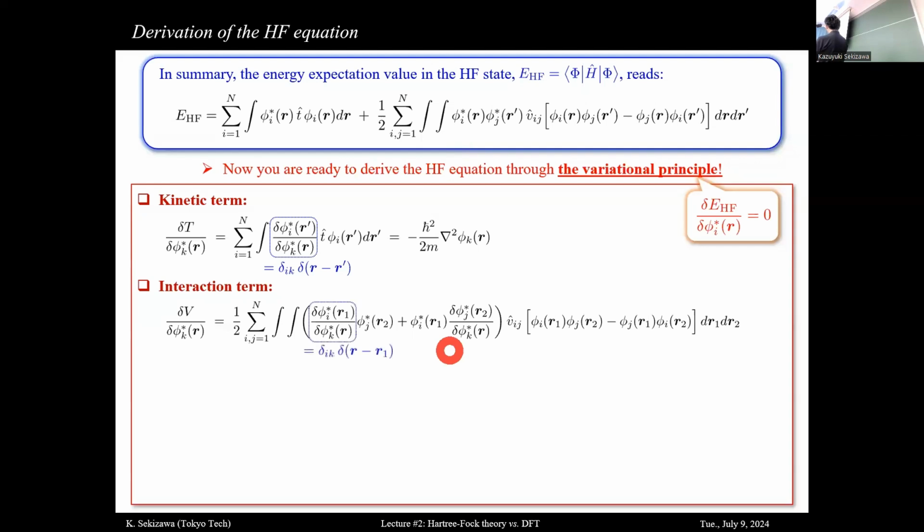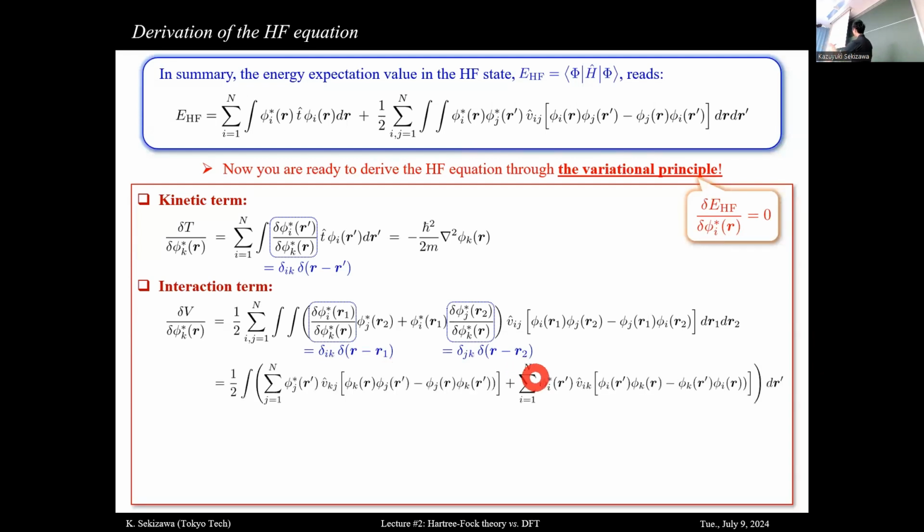Again, you can use this relationship. The difference is in the Kronecker deltas, the indices are somewhat different: i k or j k, and R and R1 and R2, because of the difference in the location when taking the variation.